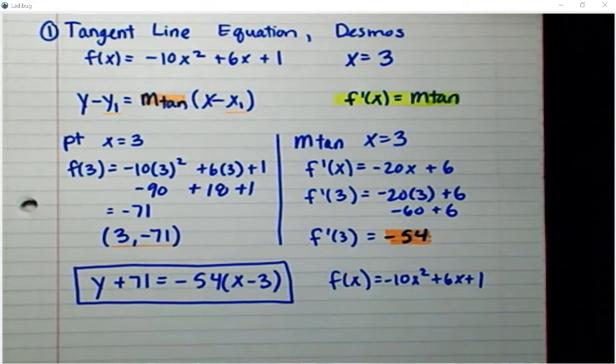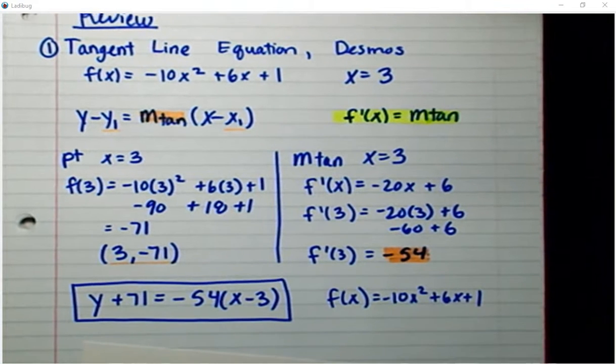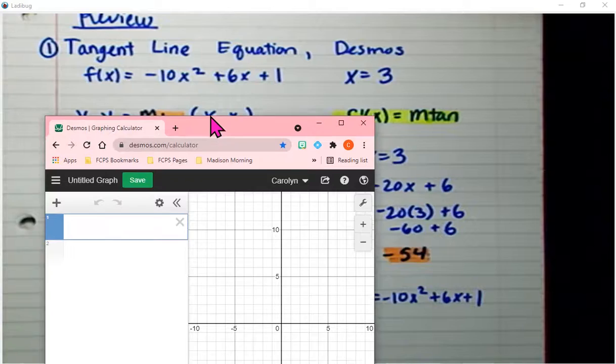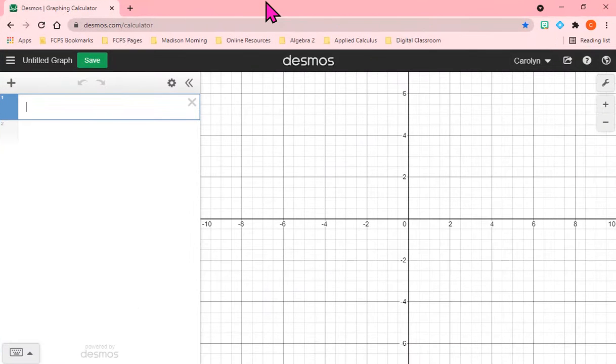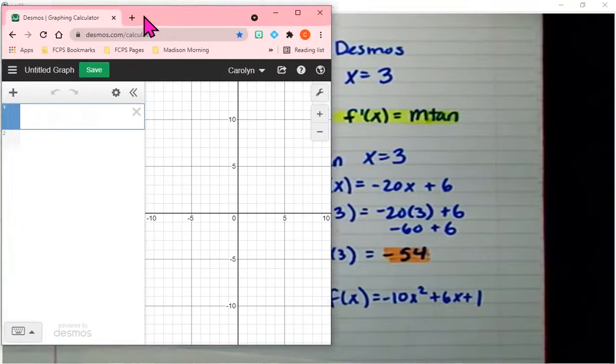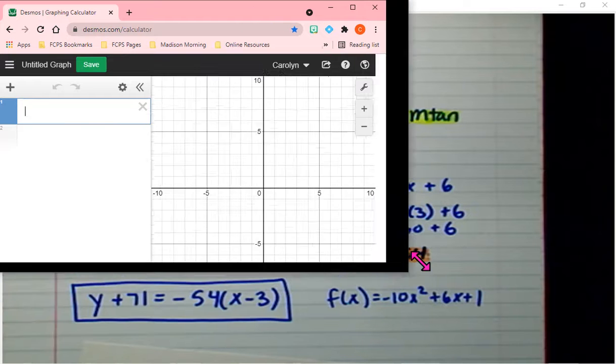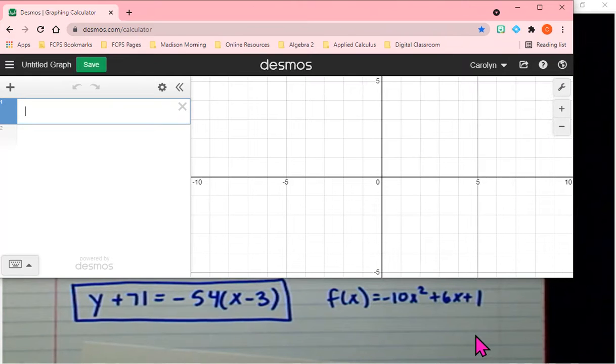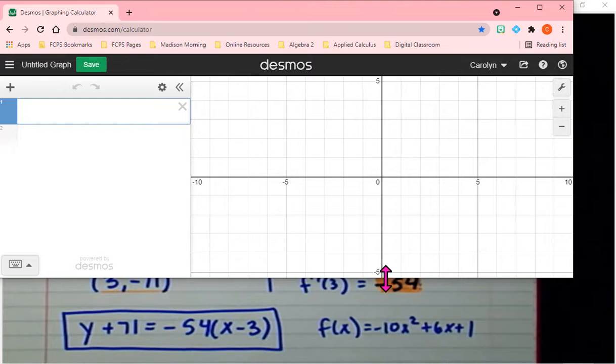I'm going to put the graph up here, and resize it so we can see everything. Okay, so there's my tangent line.